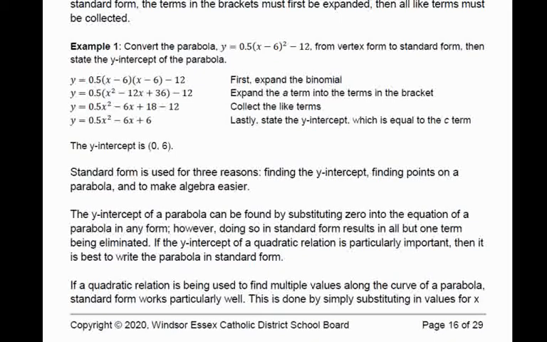Now, we talked about using this form to find the y-intercept. Another reason why we would keep it in this form, the standard form, is that if we were asked to plug in certain values of x and determine points on the parabola, it's relatively easier to do so in standard form than it is in vertex form.